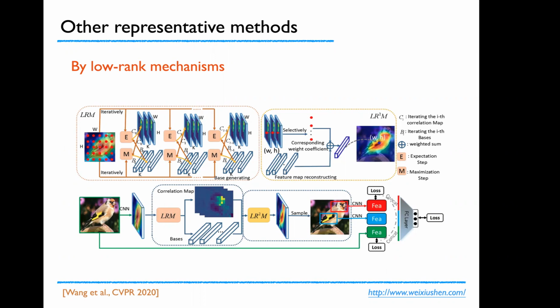The method can select a discriminative region from the high-level feature maps by performing a low rank basis, and then applies spatial information of the low rank basis to reconstruct low rank feature maps. Okay, so these three are representative methods using some other techniques to perform the localization classification learning paradigms.